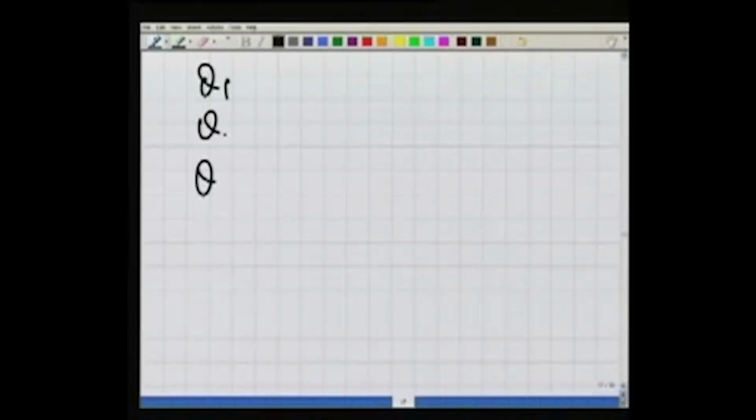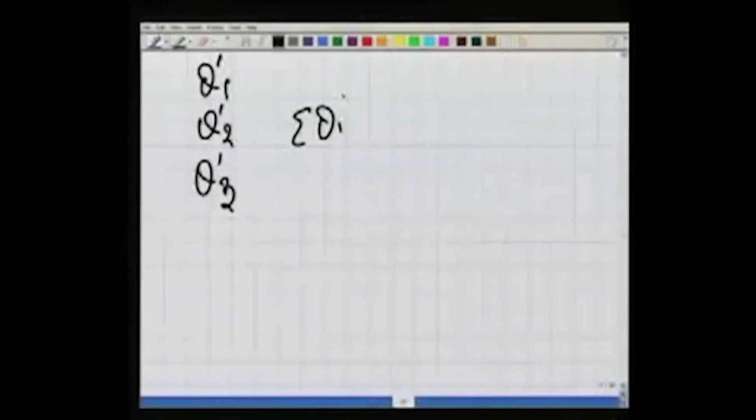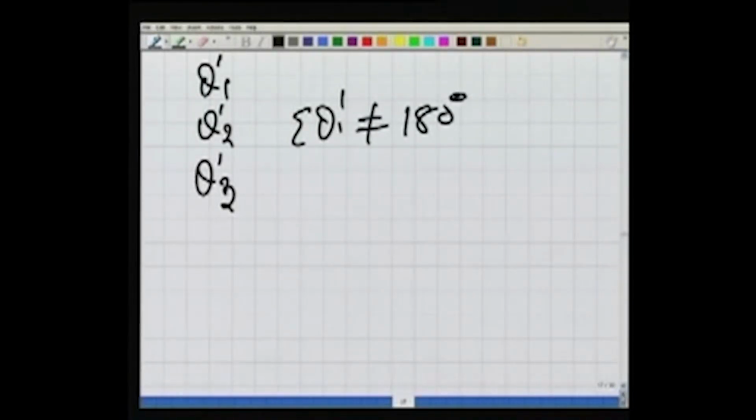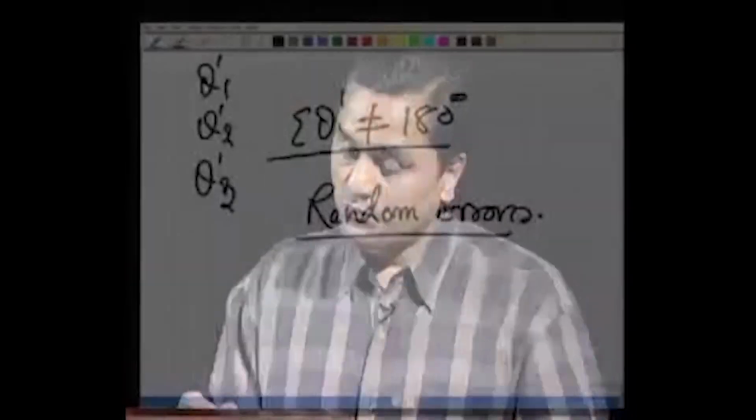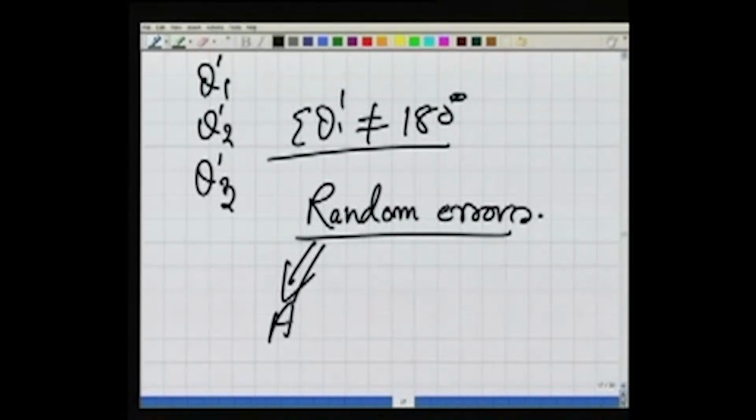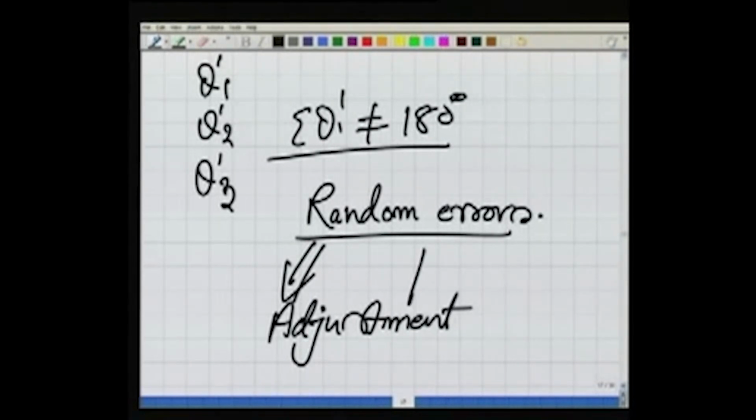Even after eliminating systematic error, let us say I write it as theta 1 dash, theta 2 dash, theta 3 dash, still sigma theta dash will not be 180 because we have in our angles the random errors which cannot be eliminated by writing a physical model because we do not know where they came from. So the adjustment procedure is done for these random errors.